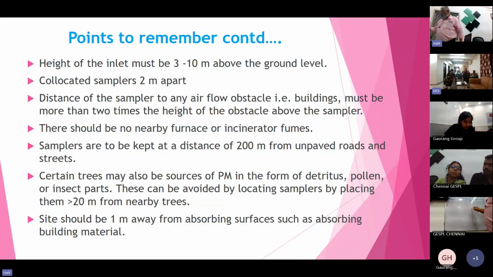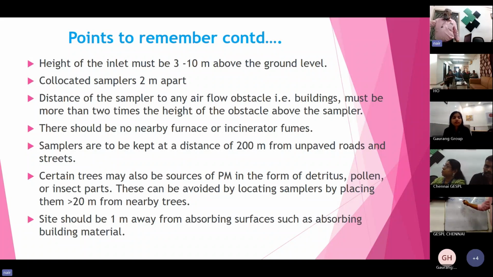Like say you are putting the high volume sampler, there will be an inlet. Can you see this one? This is a high volume sampler you are usually putting. There will be an inlet, and it will be kept like this.